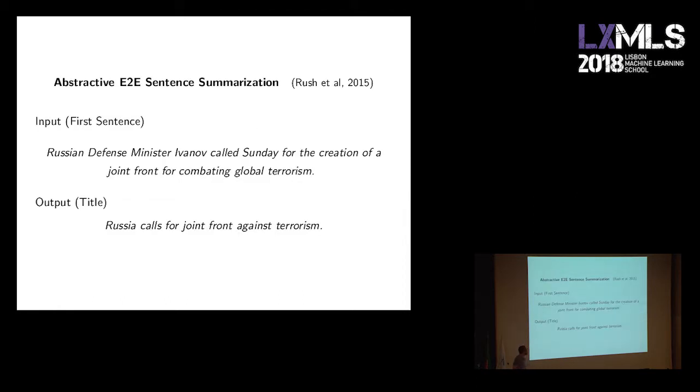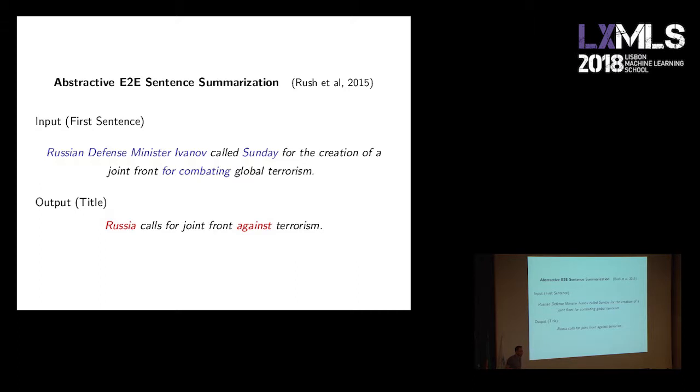When we first worked on this problem, we looked at it in a very short-form version. So here we were interested in, given a sentence, how do you produce a shorter version of that text? In particular, given a sentence like "Russian Defense Minister Ivanov called Sunday for the creation of a joint front for combating global terrorism," we would produce a sentence like "Russia calls for a joint front against terrorism."